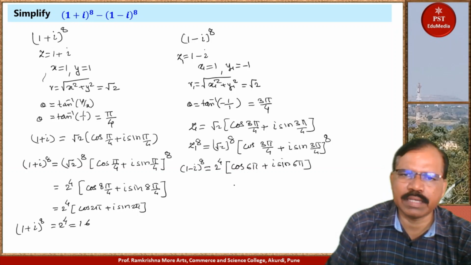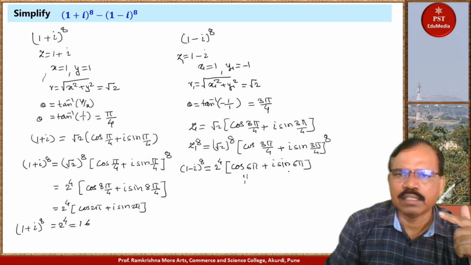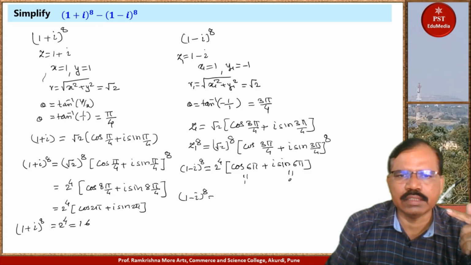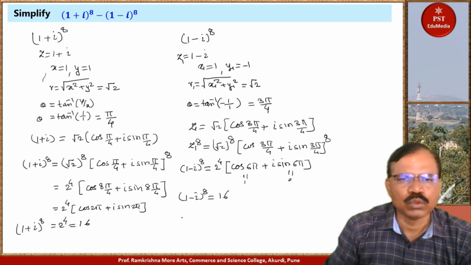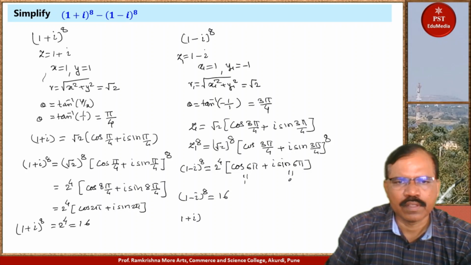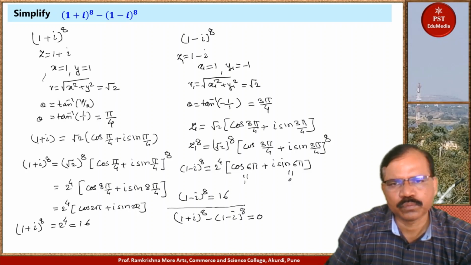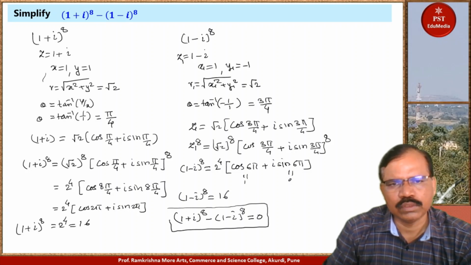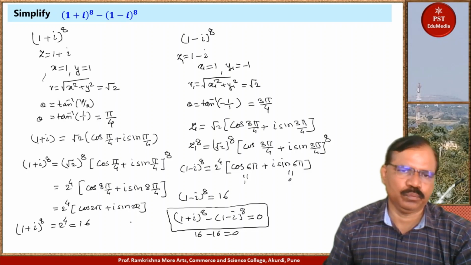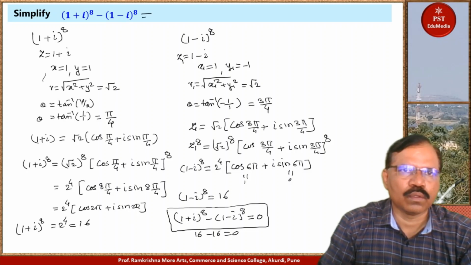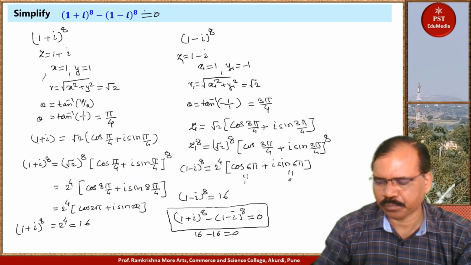Now cos 6 pi is 1, sin 6 pi is 0. So we'll get 1 minus i raised to 8 is equal to also 16. So 1 plus i raised to 8 minus 1 minus i raised to 8 is equal to 0, because it is 16 minus 16 is equal to 0. So this difference is 0.